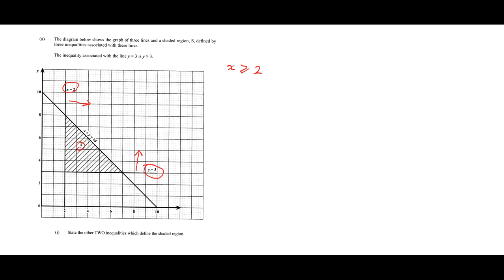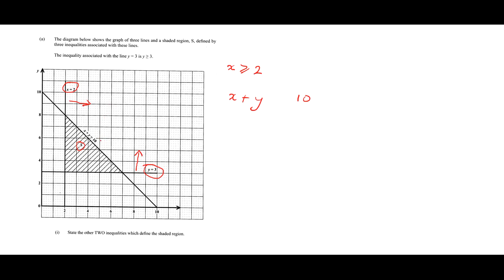And the next inequality, now if you look, this shaded region here is a triangle, and it's bounded by the line y is equal to 3, and also x plus y is equal to 10. So we have x plus y. I won't put in the sign as yet because we need to put in the inequality.